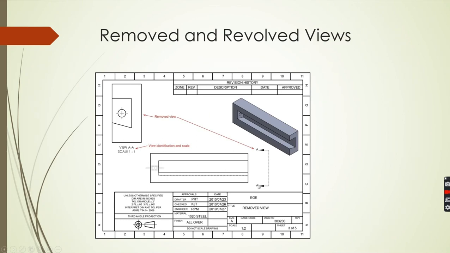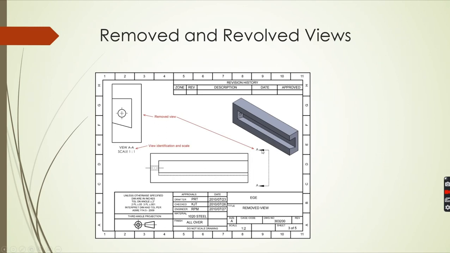For example, we have this drawing here. We don't really have room for the side view, and maybe we'd like to make it a little bit bigger. Notice the scale of this drawing is 1/2, and we want it a little bit bigger.